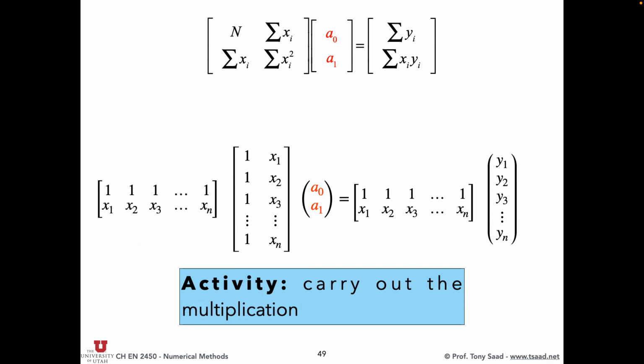So this would be this row vector times this column vector. That's the first entry. This row vector times this column vector. That's the second entry. Go ahead and do it. And once you get to an answer, I want you to say aha or eureka or something nerdy like that.